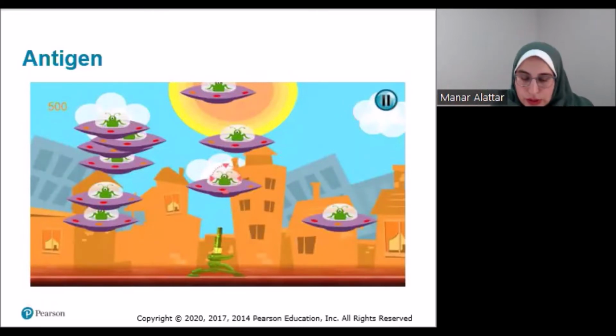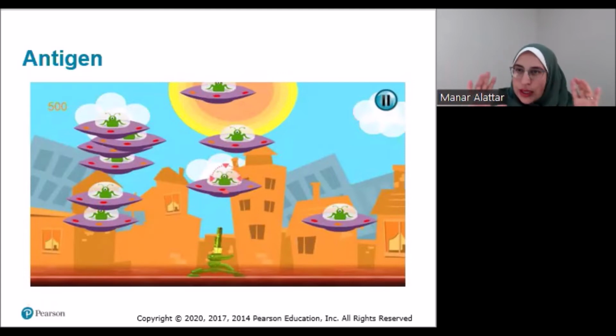So this could be bacterial agents, it could be toxins, it could be various types of allergens that are coming into the body that the body is rejecting. And then there are specific regions within the antigen that will actually be identified by the immune system. Oftentimes one single antigen will have many different epitopes, or regions that are recognized by many different immune cells.